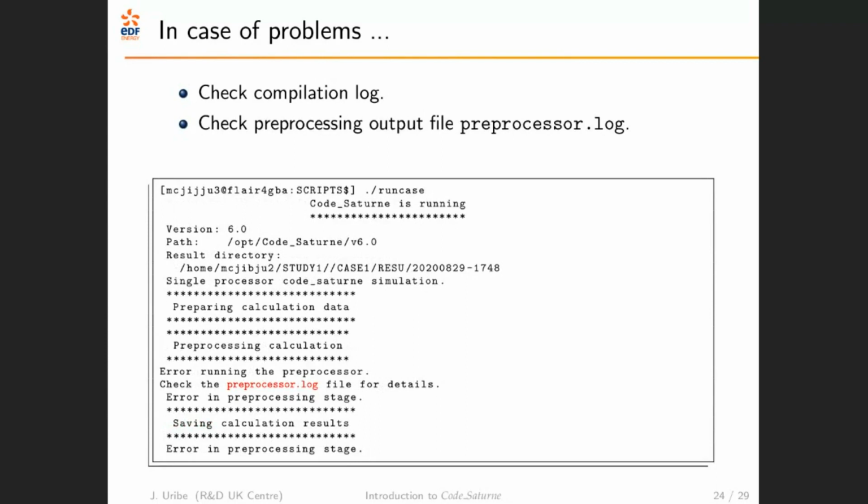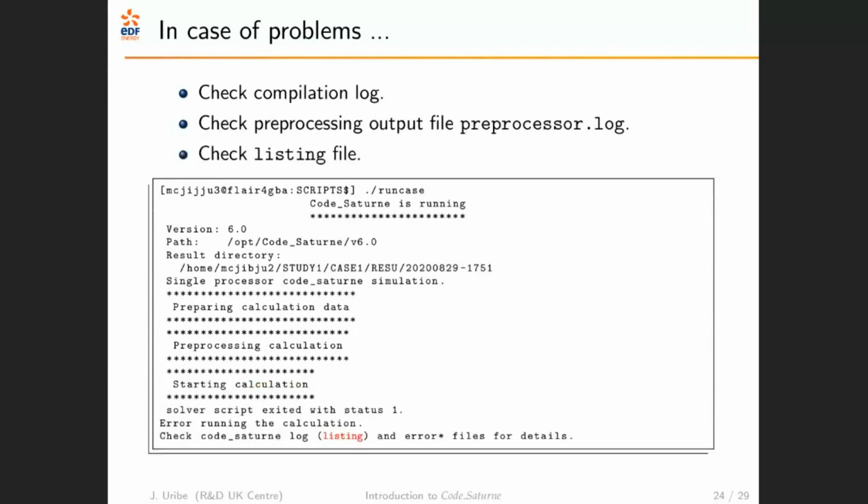Then if the compilation goes right, the next stage is the preprocessing. You could have an error there as well. See, for example, if your mesh is found to have negative volumes, or the mesh file is corrupt or something like that, you will find it in this preprocessor log file.